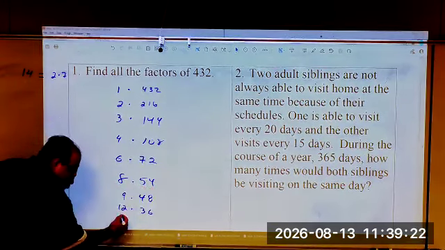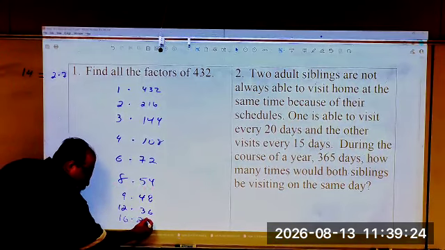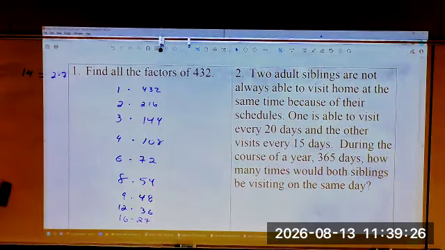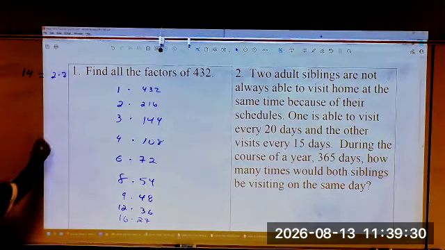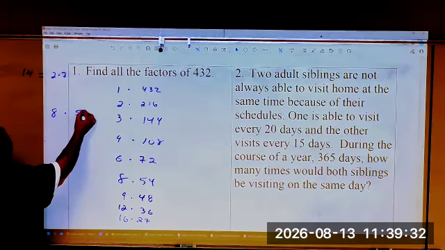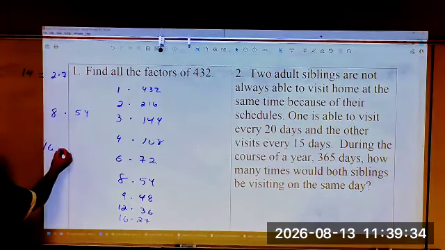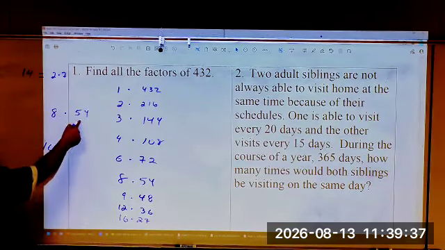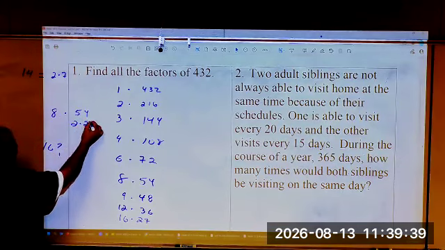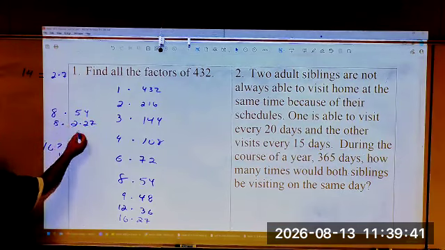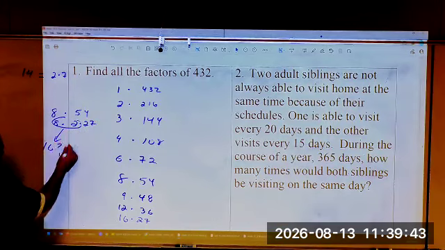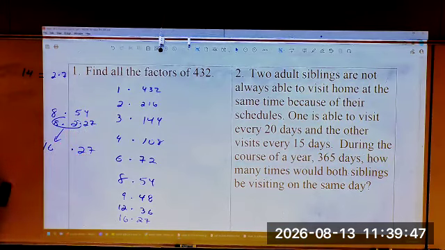So it's going to be 16 times 27. I was starting with 8 times the 54, and the question is, is 16 going to work? Well, this is 2 times 27, and there's my 8. 8 times 2 gives me that 16, and then times 27.